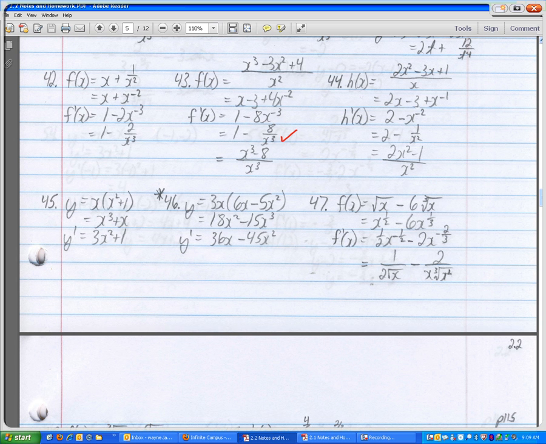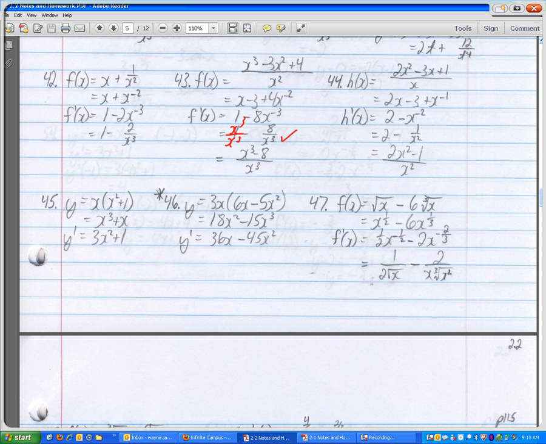So what I did next is that 1, well, anything divided by itself is 1. So I made that 1 x cubed over x cubed, and then I just added the fractions together. I combined the numerators over the common denominator to get x cubed minus 8 over x cubed.